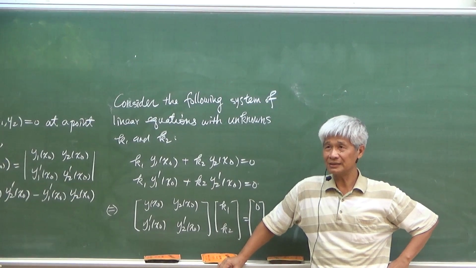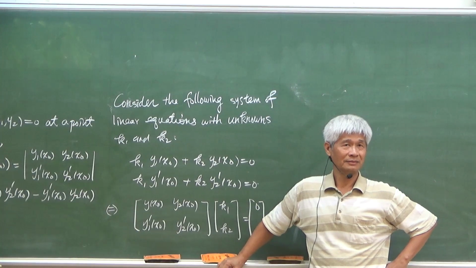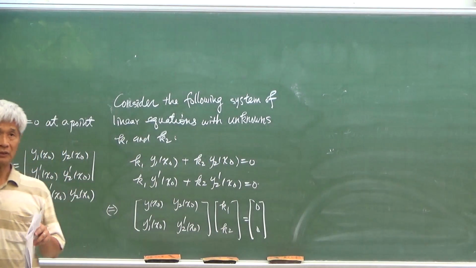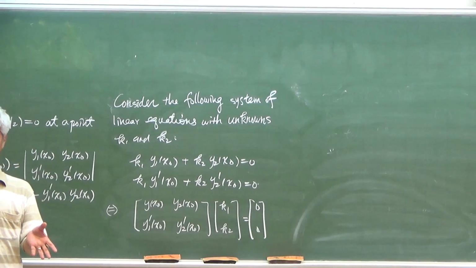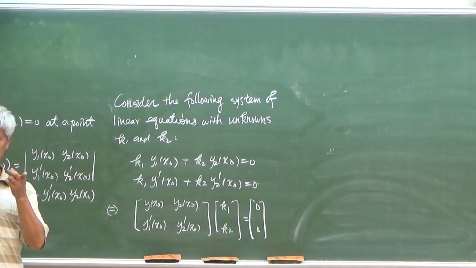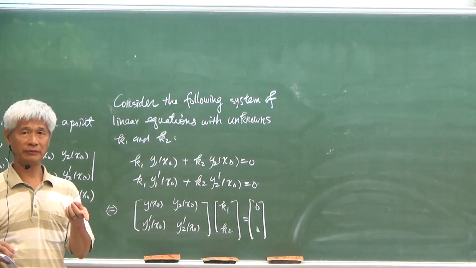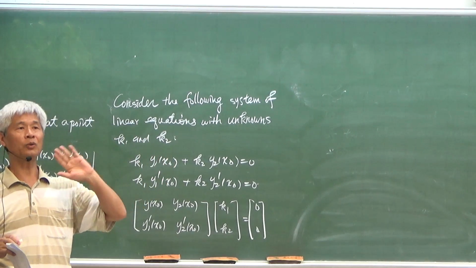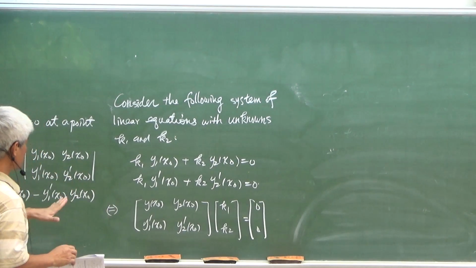Do you know the fact that a 2 by 2 matrix is invertible if and only if its determinant is non-zero? Did you learn this in high school? If you know, please raise your hand. Okay, good.